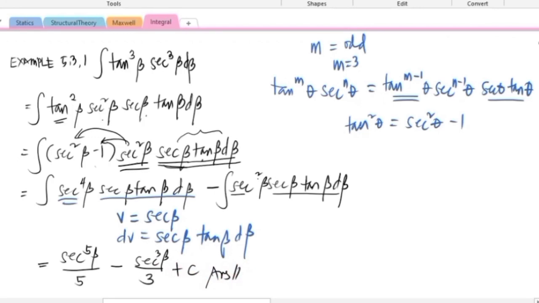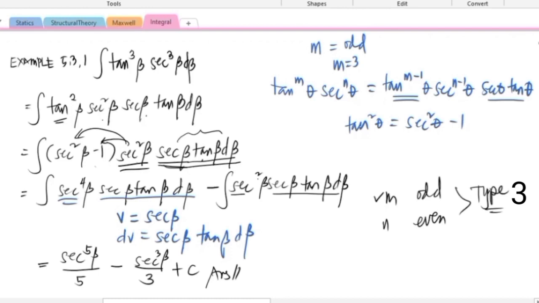So, paano kapag nagsama sa isang case yung m, which is odd, and n, which is even? So, dito kasi sa type 3, magkaibang case to. Pag si m, we have to let the tangent m secant n into tangent m minus 1 secant n minus 1 secant.